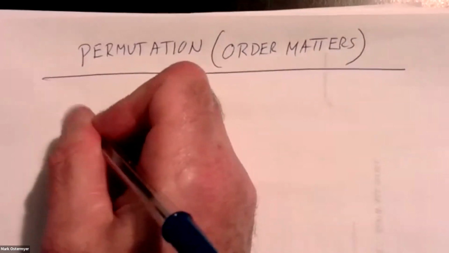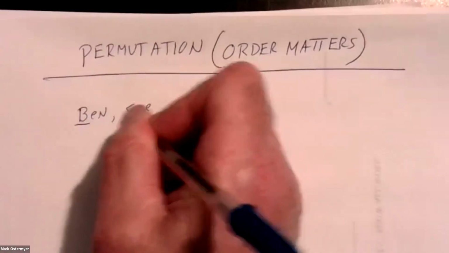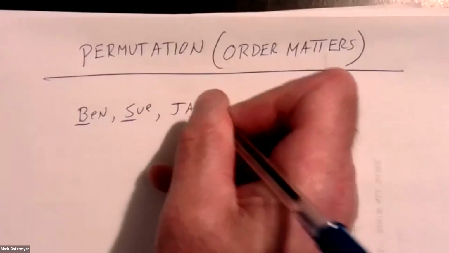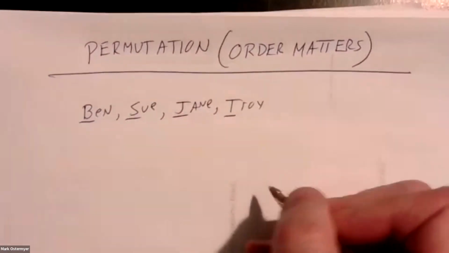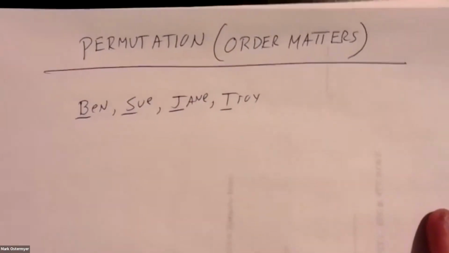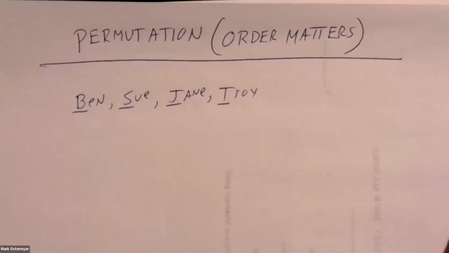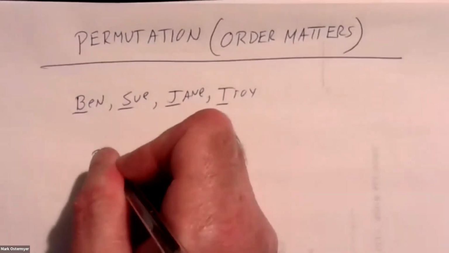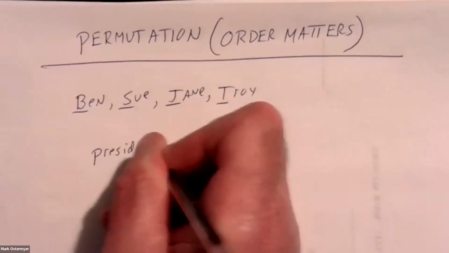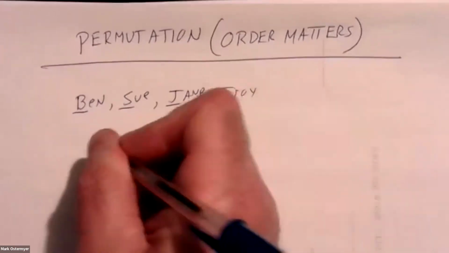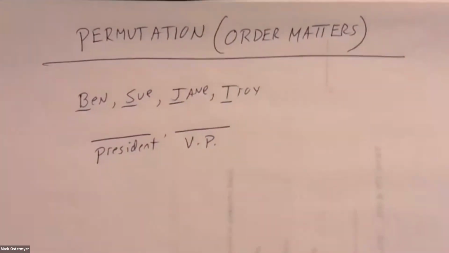Let's use our same examples here. We had Ben, Sue, Jane, and Troy. Suppose now I'm trying to form a student body governing committee of size 2, where I must select a president and I must select a vice president. Got a question for you, ladies and gentlemen.